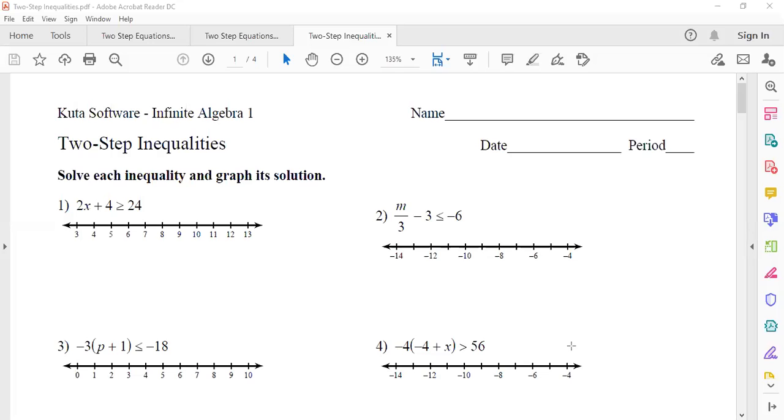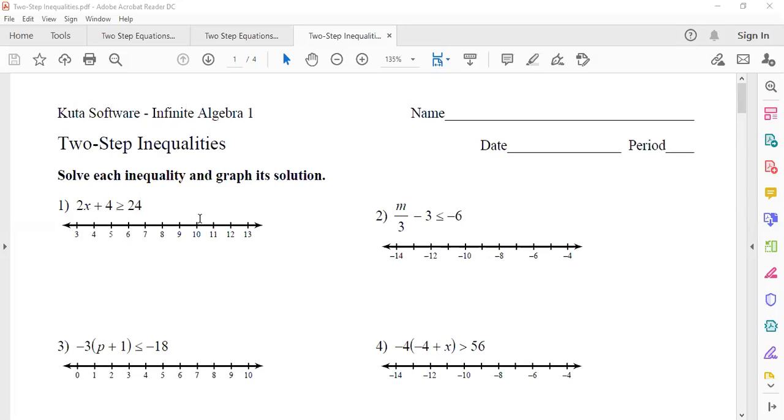The nice thing about these kind of problems though is you solve them exactly the same way. So if you look at how this is structured, 2x plus 4 greater than or equal to 24, that's just a two-step equation. We still got to solve for x. No different than we were doing with the equations.